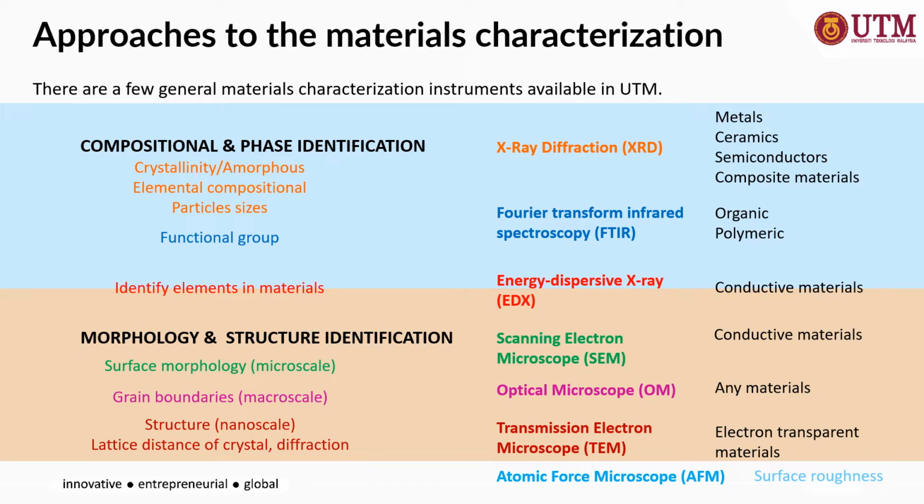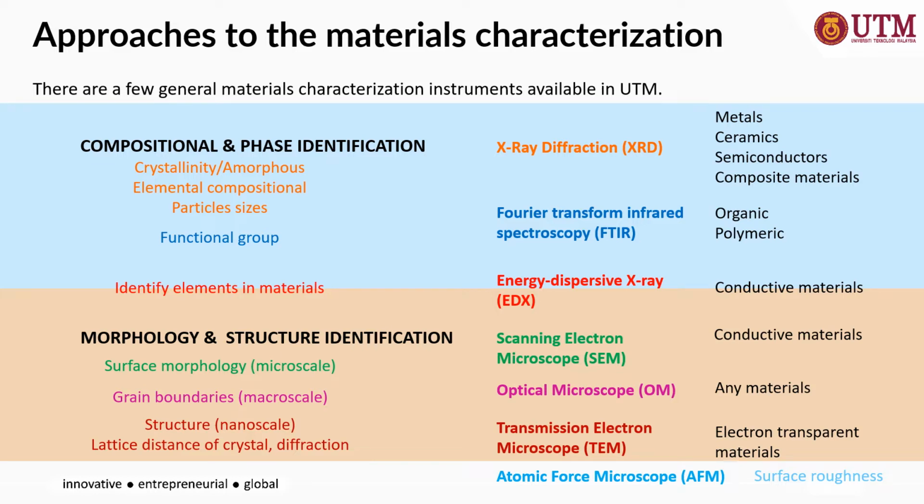From the SEM data we can obtain surface morphology, which is in micro scale or nanoscale. If we use FESEM, maybe we can obtain up to nanoscale. For the optical microscope, actually we can use any materials, and we can obtain grain boundaries, for example, for metals, or structure at macro scale.